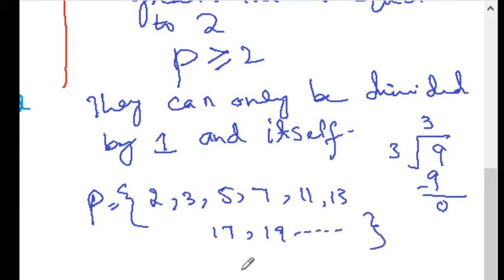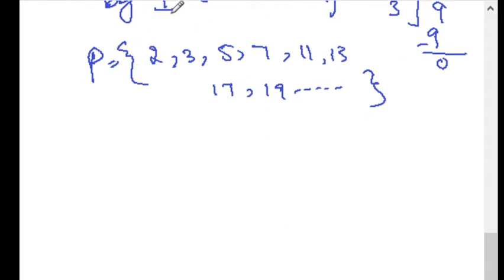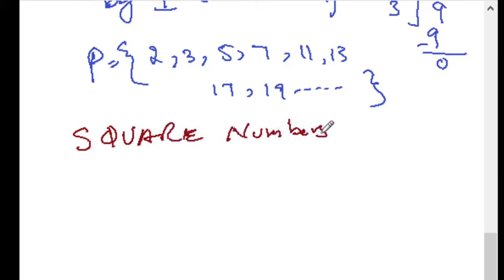Okay, one more type is square numbers. Square numbers are very interesting numbers.